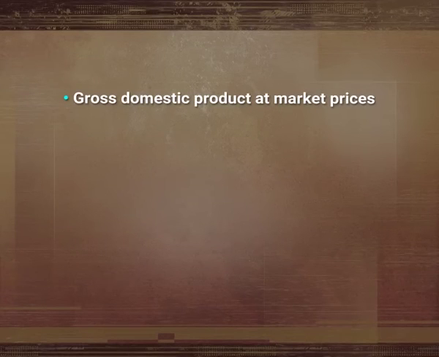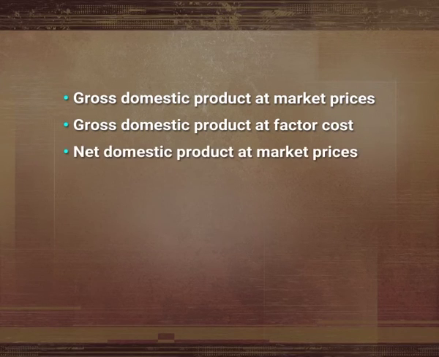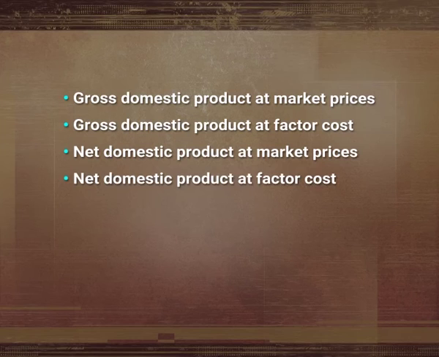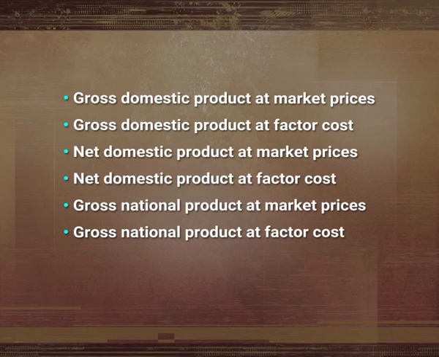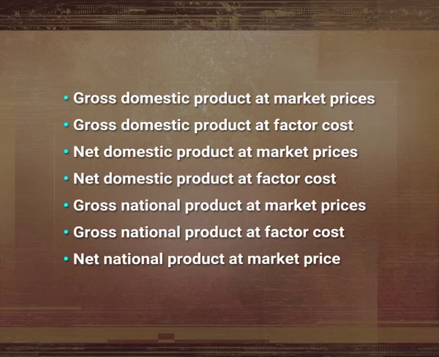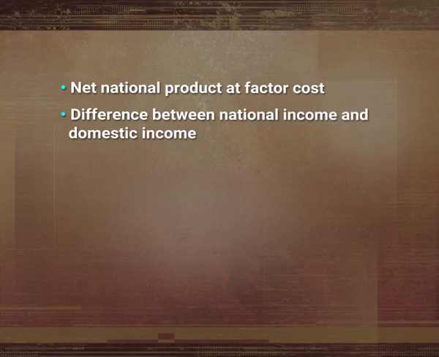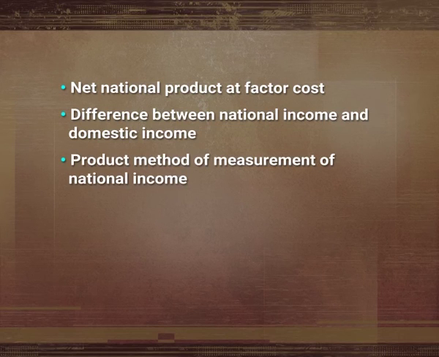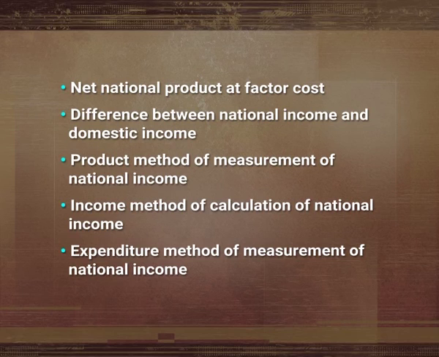Gross domestic product at market prices, gross domestic product at factor cost, net domestic product at market prices, net domestic product at factor cost, gross national product at market prices, gross national product at factor cost, net national product at market price, net national product at factor cost, difference between national income and domestic income, product method of measurement of national income, income method of calculation of national income, expenditure method of measurement of national income.